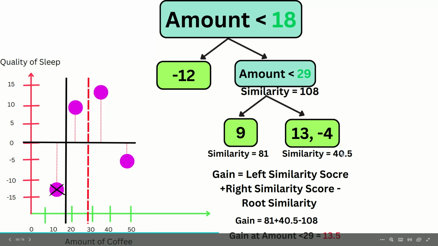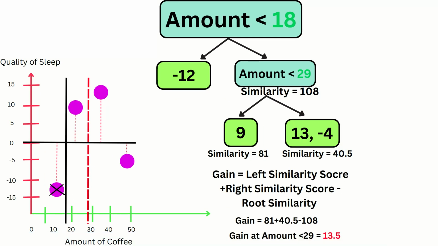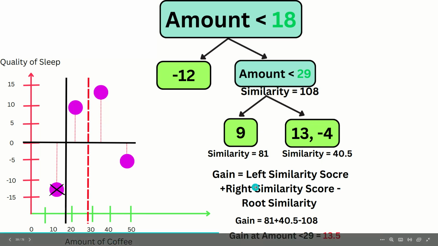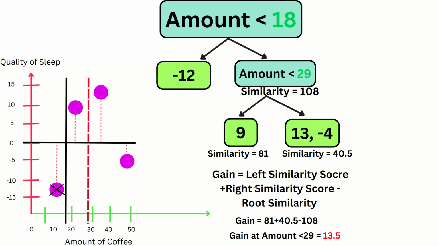Now we calculate the gain of the split in branch 2 with a threshold value of 29. We add the similarity scores of the right and left leaves and subtract the similarity score of the root, and we got a gain of 13.5 at threshold level 29.